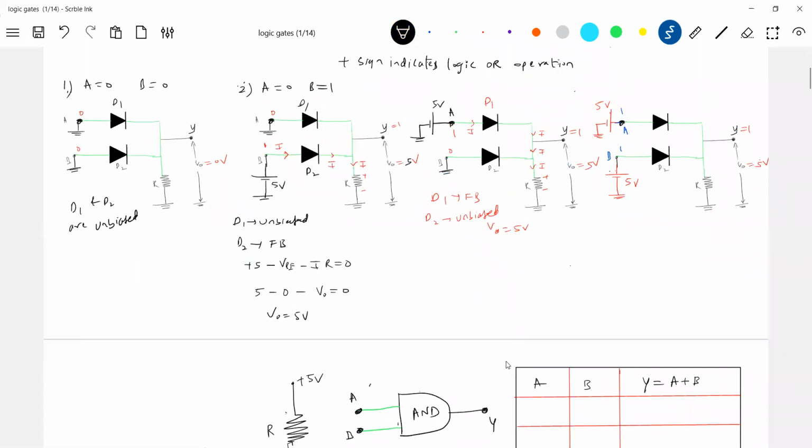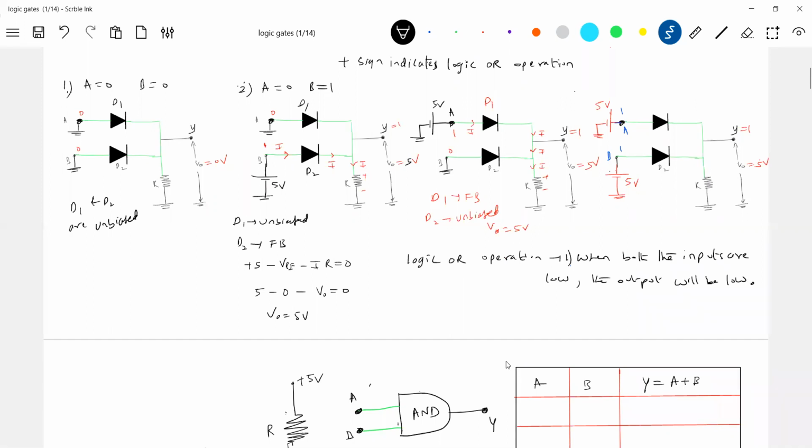What is the meaning of that? Logic OR operation, what does it say? When both the inputs are low, the output will be low. This is one thing.